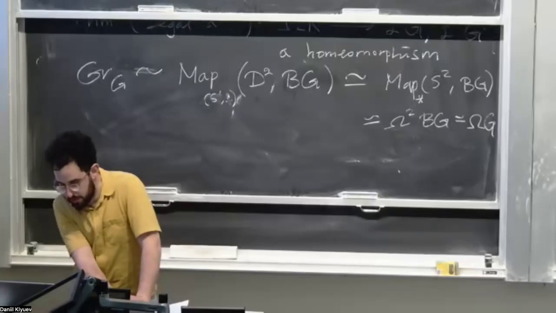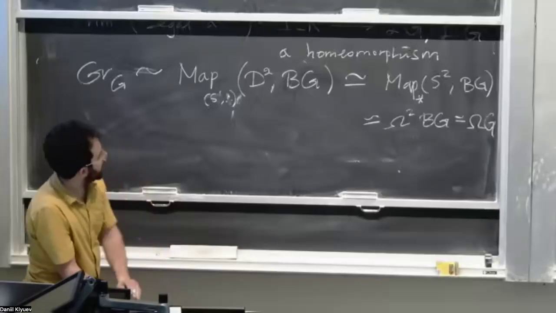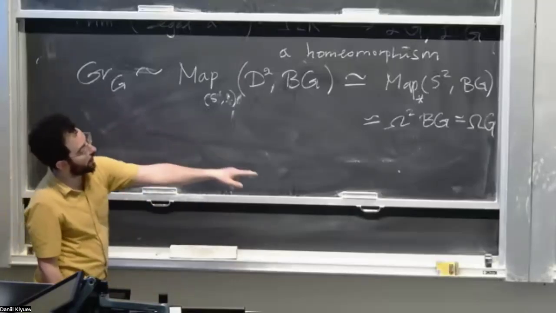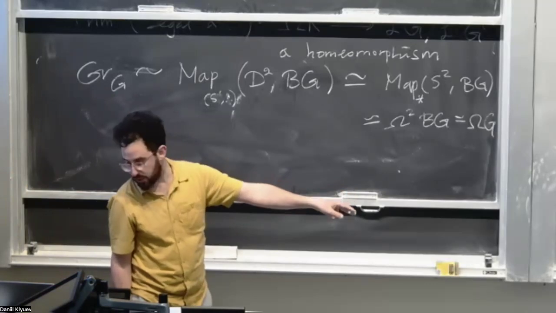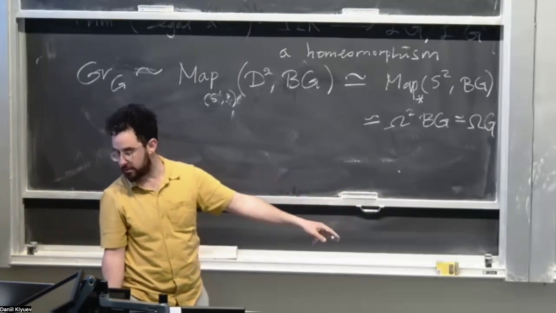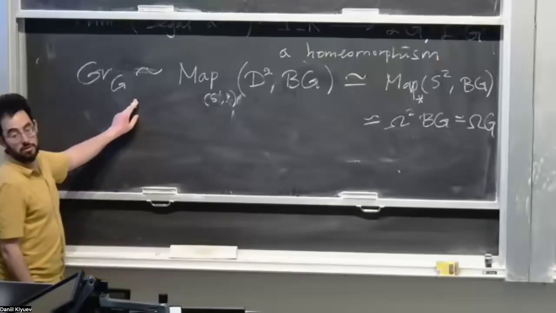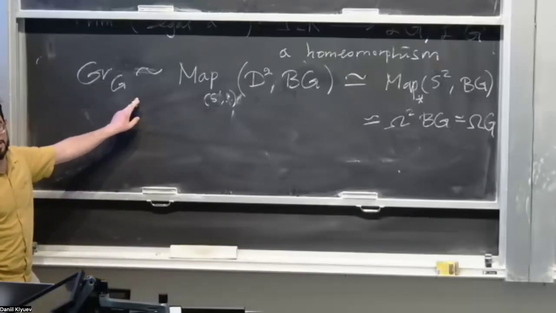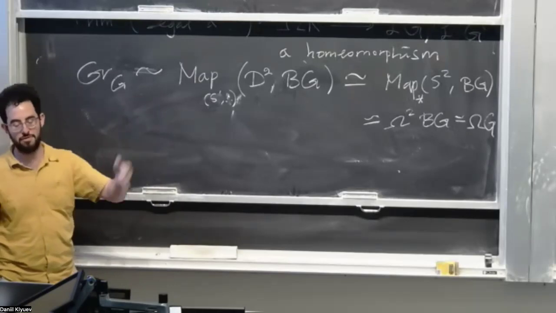Can I ask a question? Yeah. Why do you need this K? Why is it not the loop of G? In the theorem, it's the loop of K. This is not a statement, this is kind of like this looks like that.